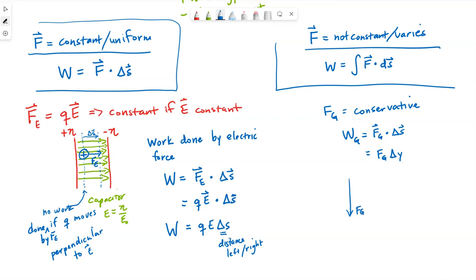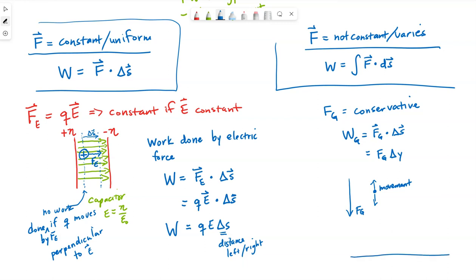An object has to move up or down in order for the force of gravity to do work. And the work done by gravity depended only on where vertically the object started and ended.